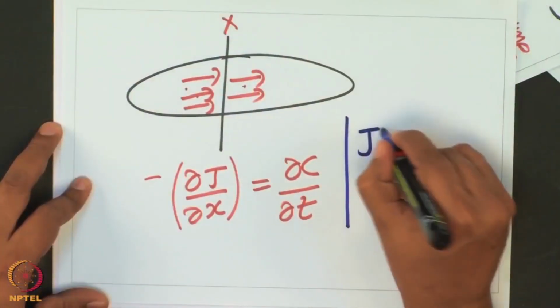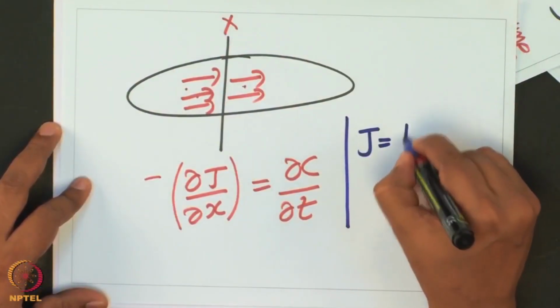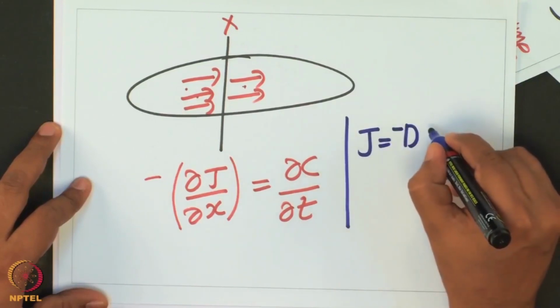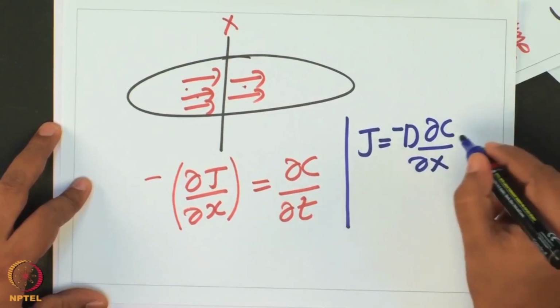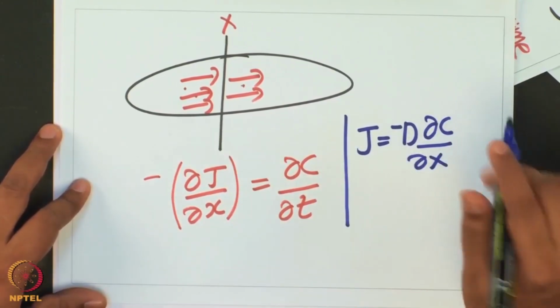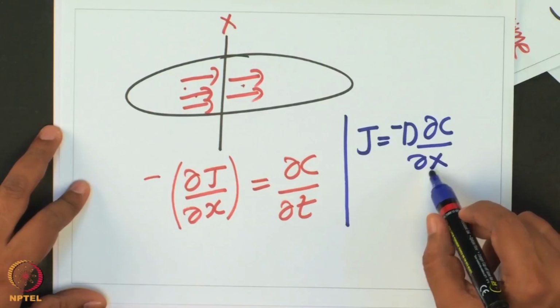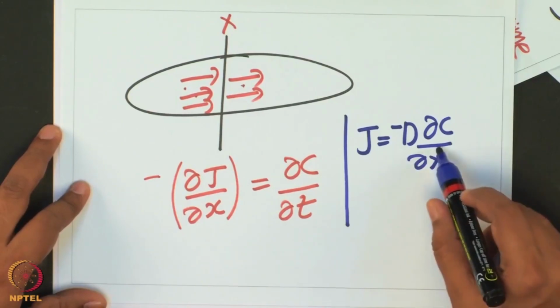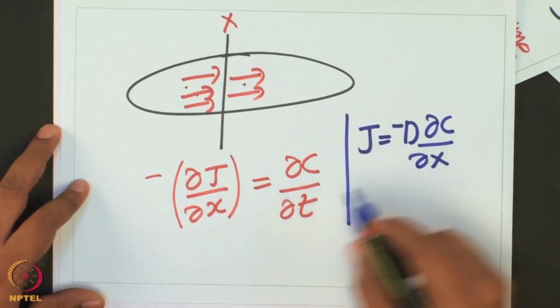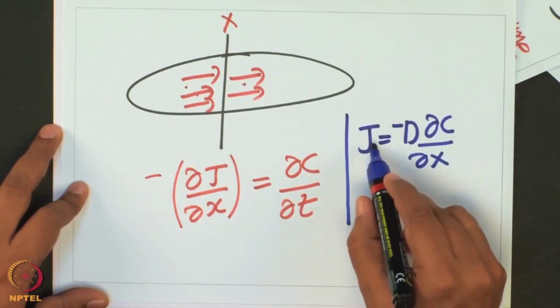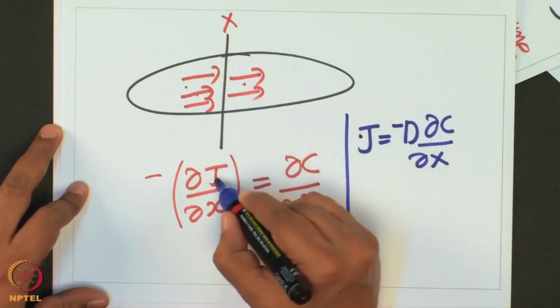Now, we already know also that J is minus D del C by del X. If you just take the magnitude, this is the magnitude and x cap is the direction. So, the magnitude is minus D del C by del X. So, let us substitute this J in this equation.